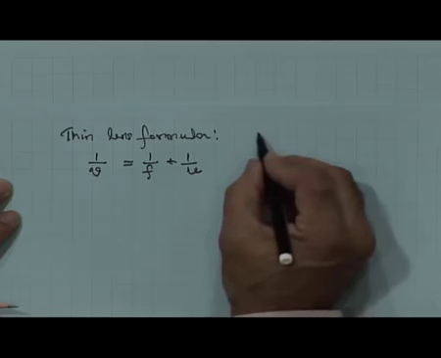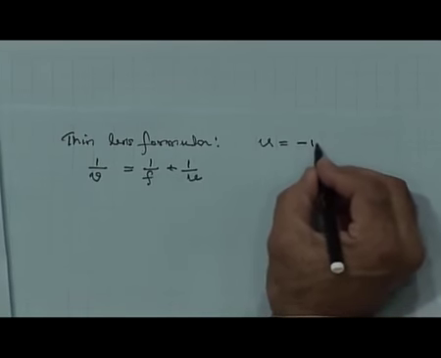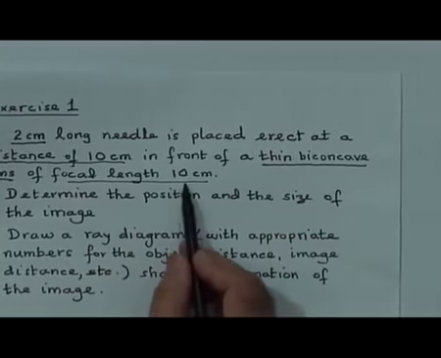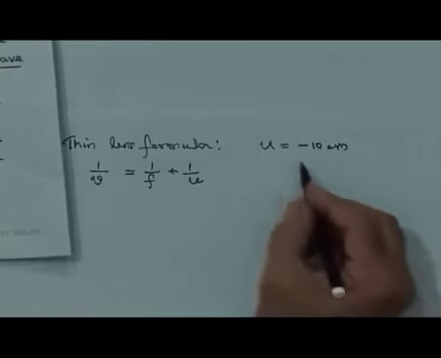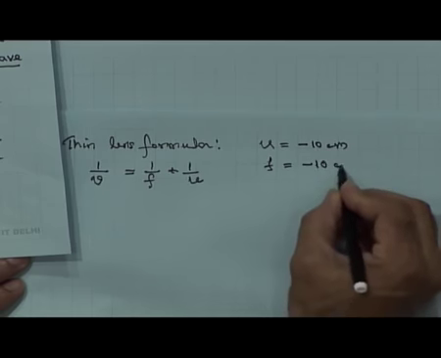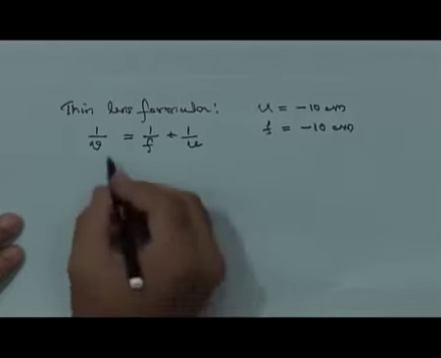Given, the object is 10 centimeter in front, so u is equal to minus 10 centimeter. It is a biconcave lens of focal length 10, therefore, f is equal to minus 10 centimeter.